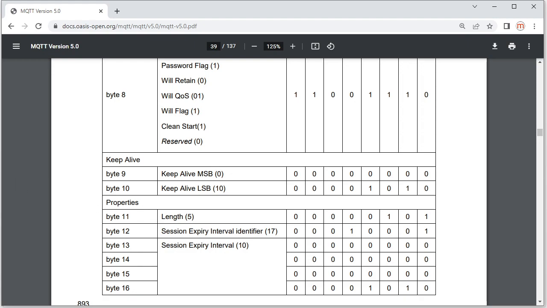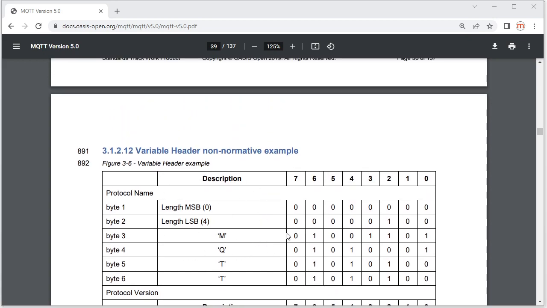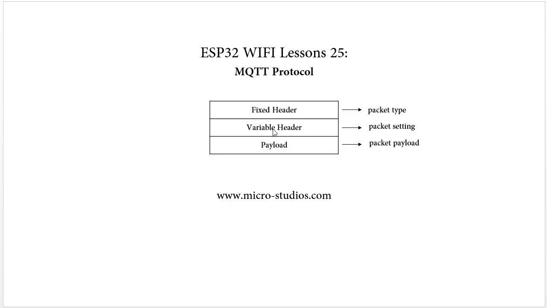This is the example for the connect control package variable head, which is the second part of the connect control package.